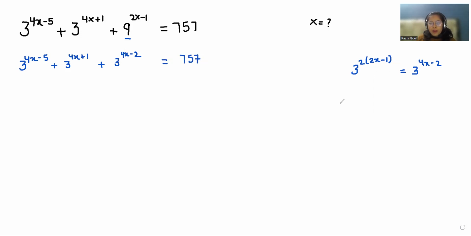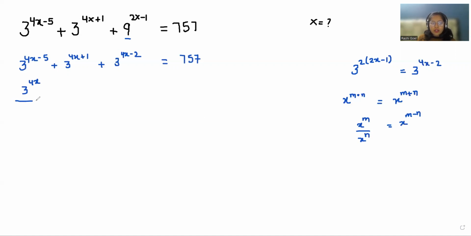Now I'm going to apply the multiplication rule of exponent, that is x power m times x power n, we can write it as x power m plus n. So 3 power 4x minus 5. If there is minus in between, we can write it as x power m divided by x power n.